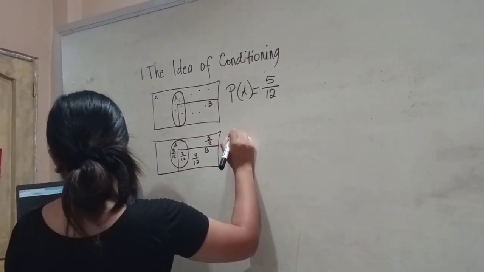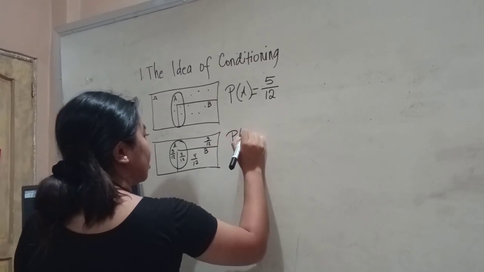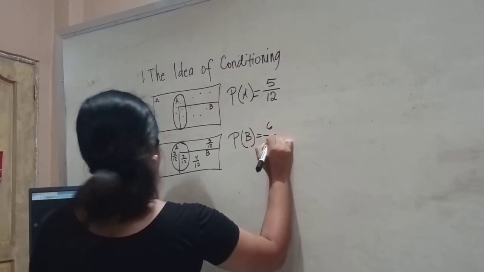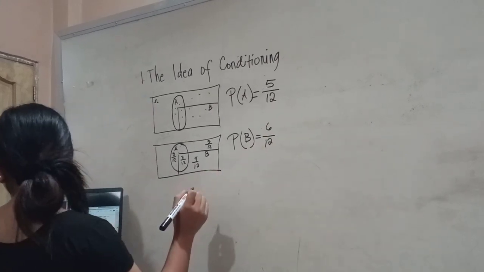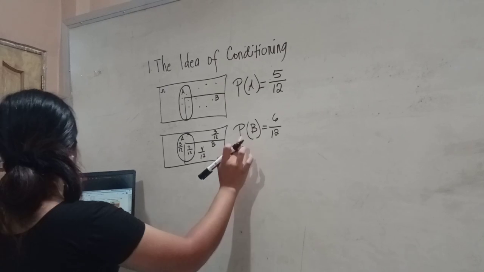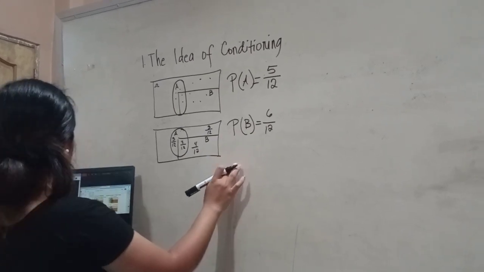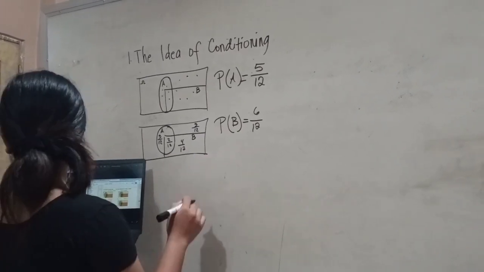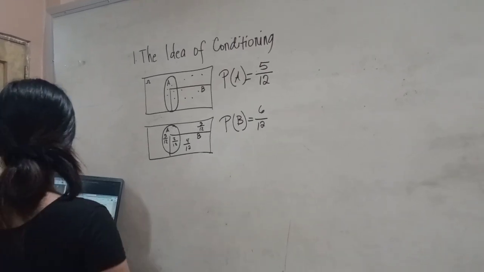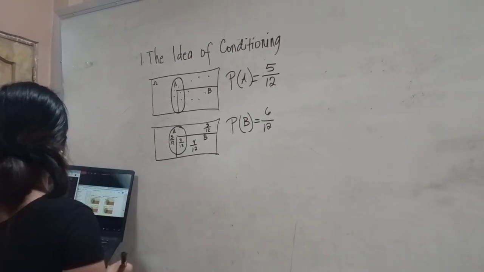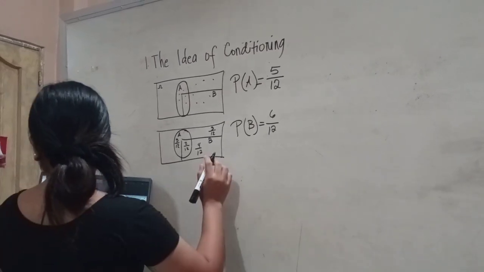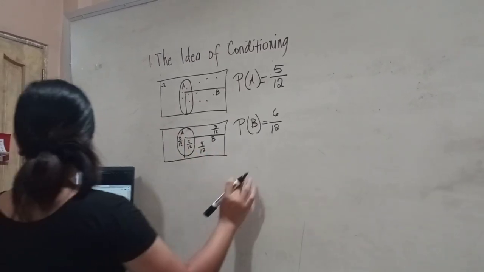The probability of event B is equal to 6 over 12. So this is the number of outcomes in B. B is equal to 6, 4 only in B plus 2 in A and B. And the intersection of A and B, the common outcomes, is equal to 2. These are the two outcomes in both A and B.